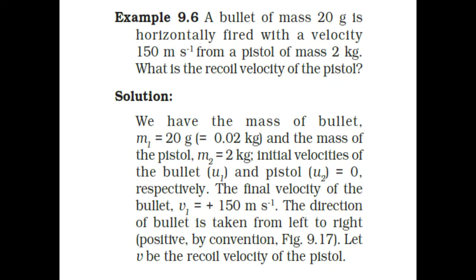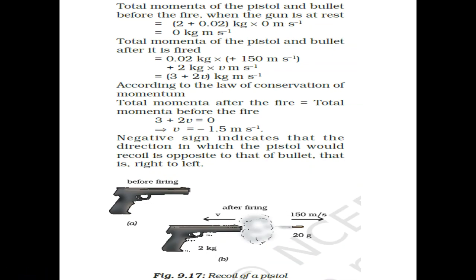The direction of the bullet is taken from left to right, that is positive. In such questions where the directions are opposite, we take the direction of one as positive and the direction of the other as negative. So let V be the recoil velocity of the pistol. We have to find it.